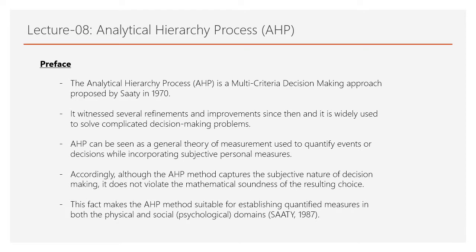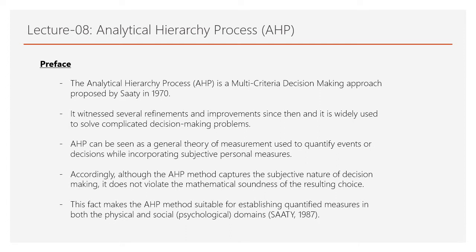So the AHP is a multi-criteria decision-making approach proposed by Saaty in 1970. It witnessed several refinements and improvements since then, and it's widely used to solve complicated decision-making problems. AHP can be seen as a general theory of measurement used to quantify events or decisions while incorporating subjective personal measures.